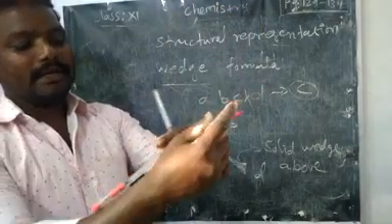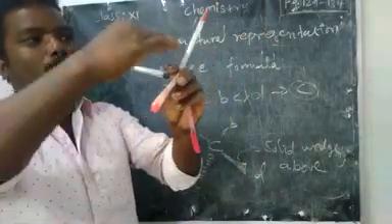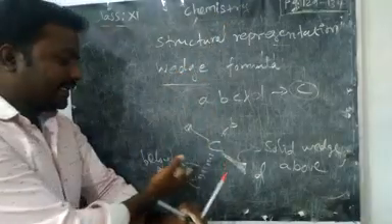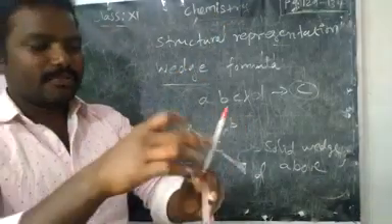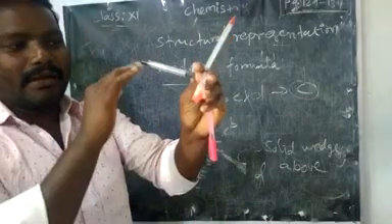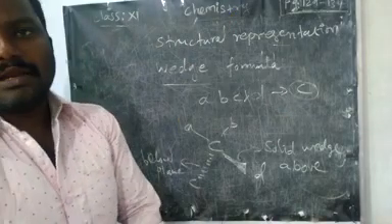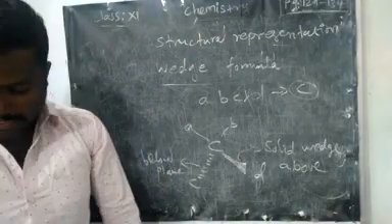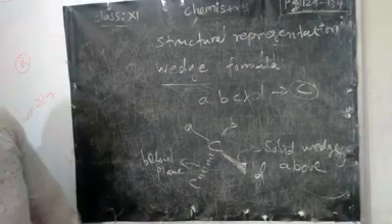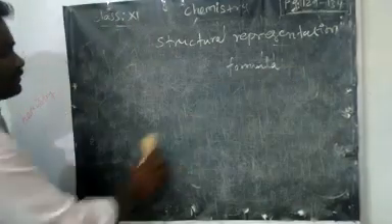In that, these two may be in the plane, one above the plane, another one below the plane. Above the plane is indicated with a solid wedge, a broad bond. The dotted line is below the plane. These two ordinary lines indicate bonds on the plane. Now the next model, Fischer projection formula.